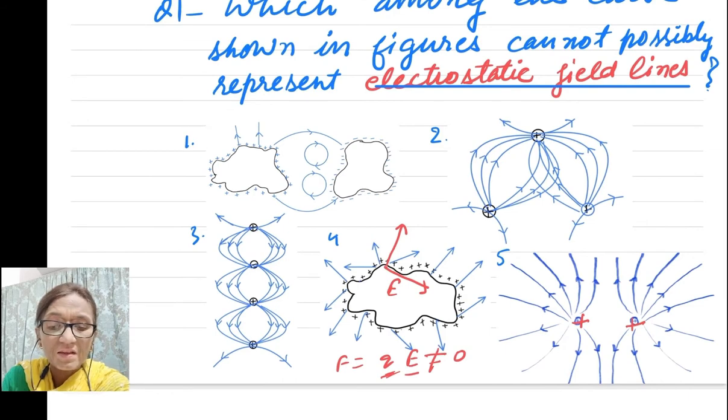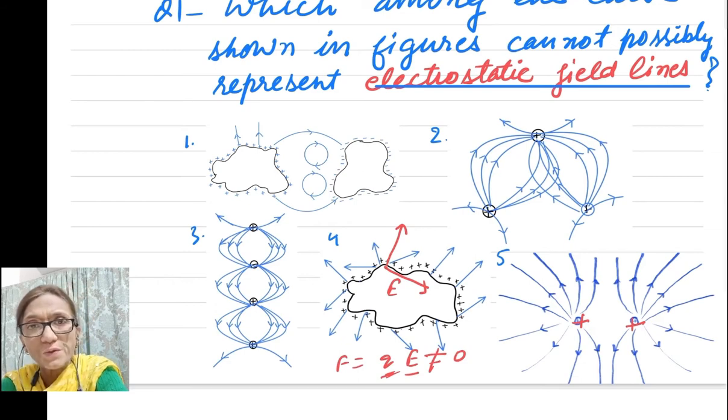As the electric field is a conservative field, and electric force is a conservative force, on a round trip the net work done should be equal to 0. So it is not possible to draw a closed continuous curve for electric field lines. So your option 1 is wrong. Now option 2.